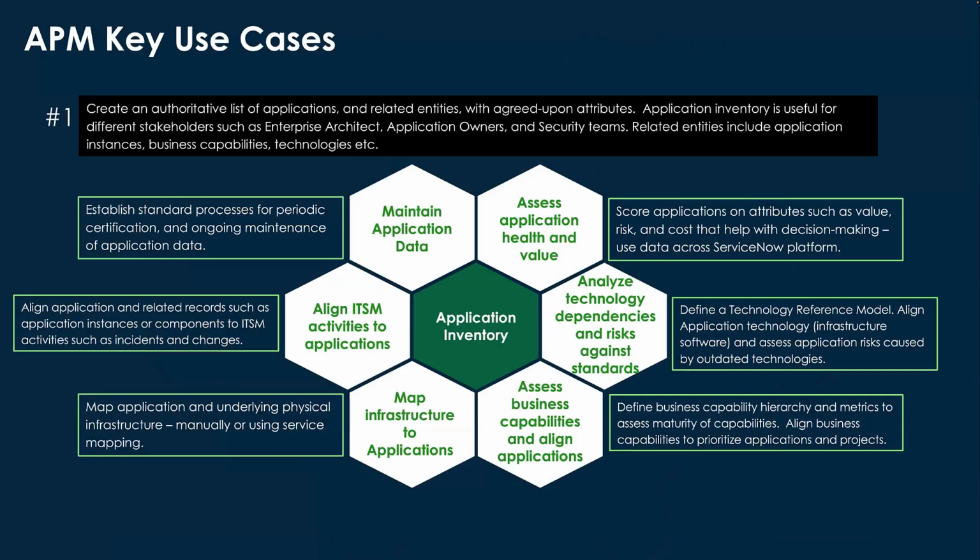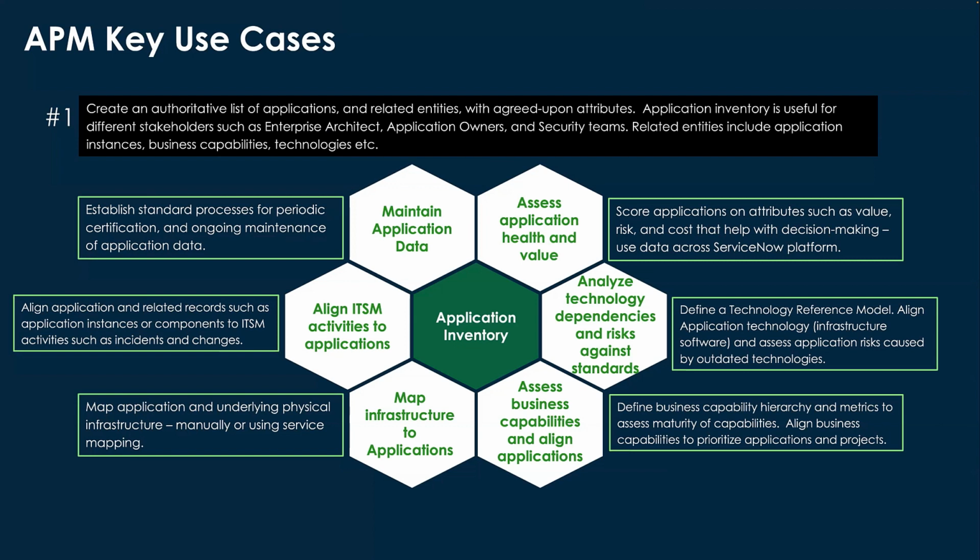The key use cases for APM, at the core, we see this application inventory. A key use case is just maintaining that data, forming the processes for intake of application information, maintaining it, making sure that it's certified and can be depended upon. Assess the health and value.